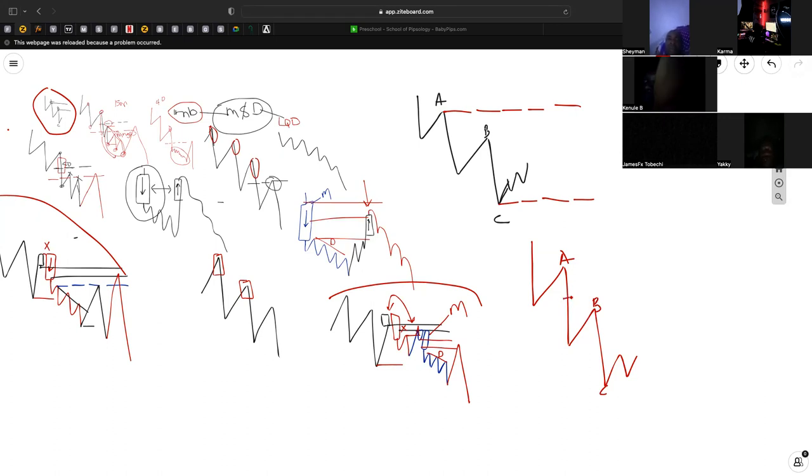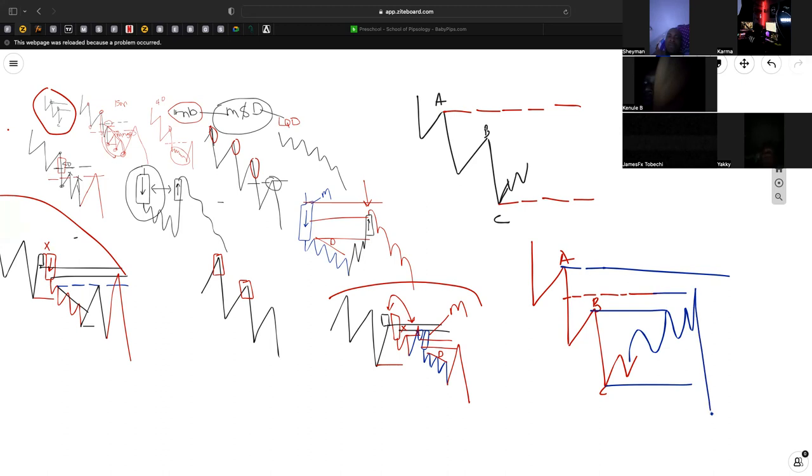This is the 50% right here. What does this tell you? This tells you that your trading range, which is here to here, market needs to come take care of this B to complete the pullback right here before it's going to sell off. So your trading range is this.